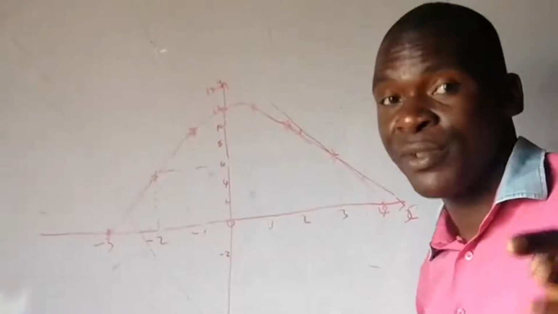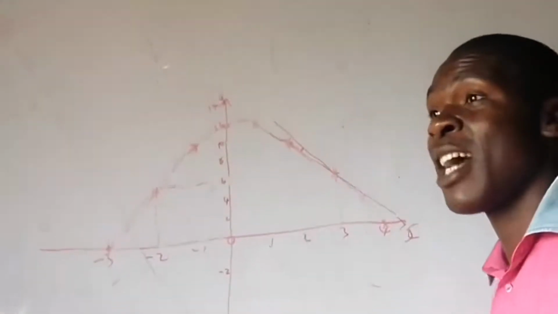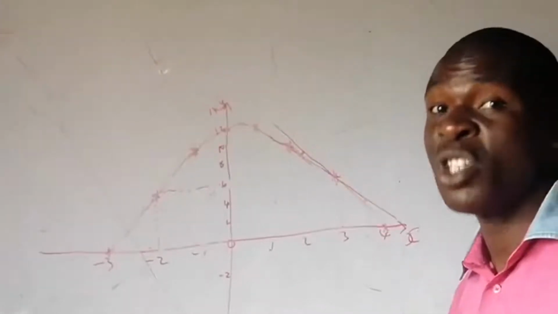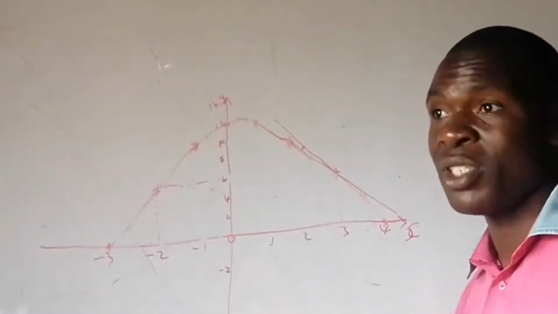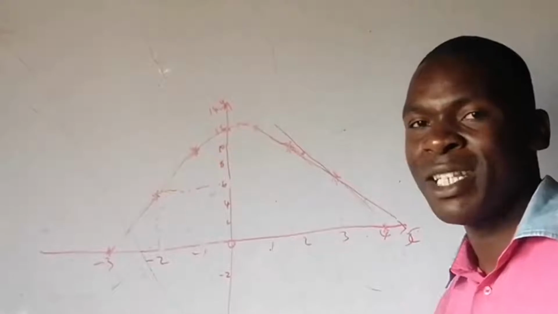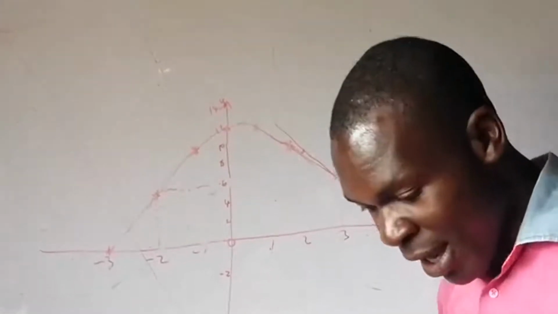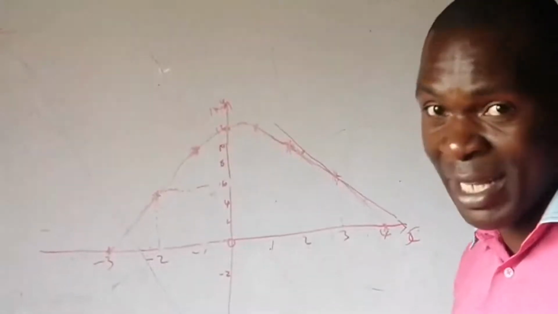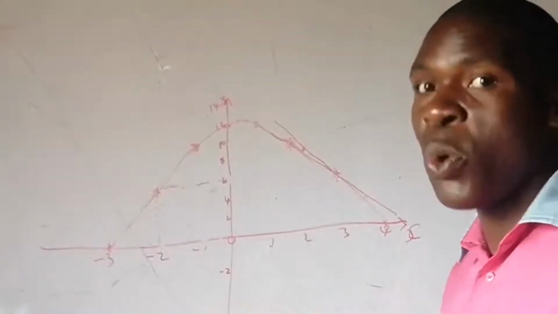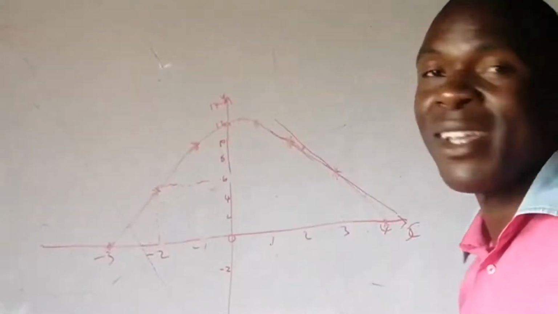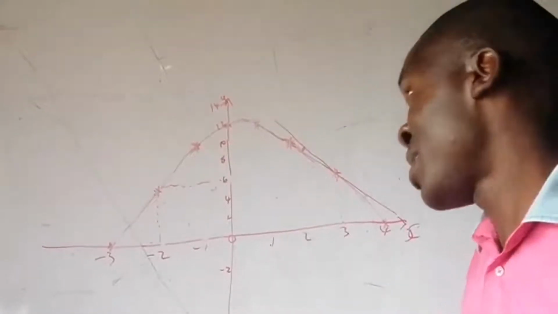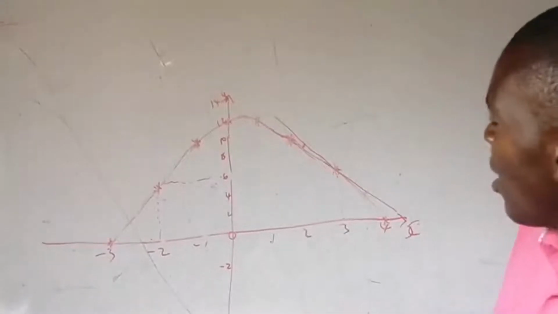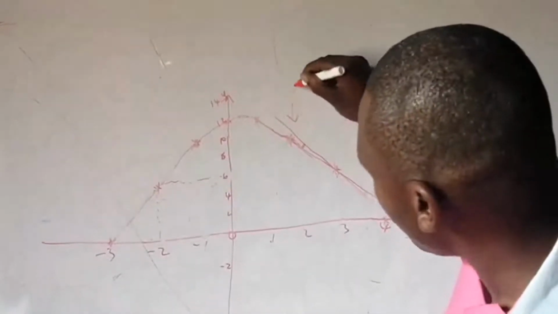I know a lot of students are clever enough to use differentiation to answer this question, but at O level, you are not allowed to do that. That's why examiners don't show the working of gradient using differentiation. Okay, so in this case, this is the tangent.